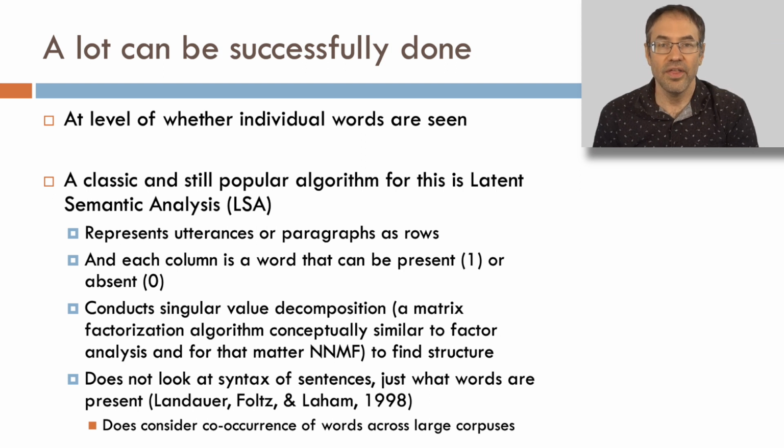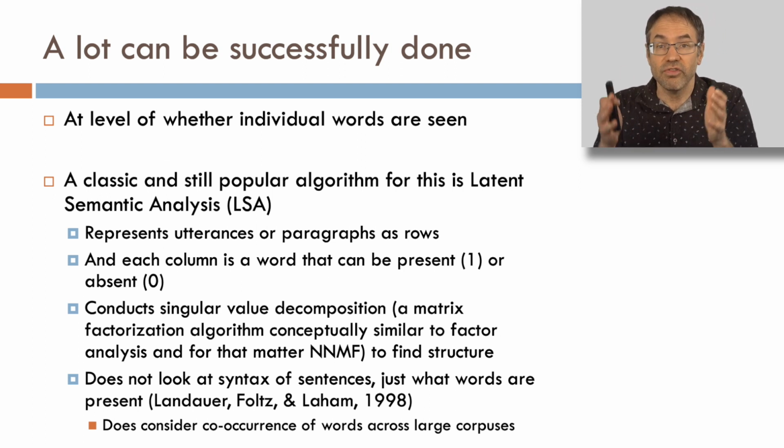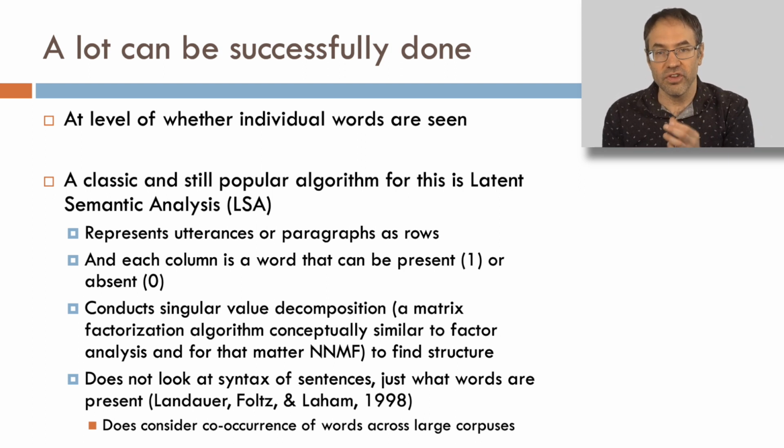And then it conducts the SVD algorithm, a matrix factorization algorithm that's conceptually related to factor analysis and, for that matter, non-negative matrix factorization from last week. And it uses SVD to find the structure. And it doesn't look at the syntax of the text, just what words are present, though it does consider the co-occurrence of words across large corpuses.